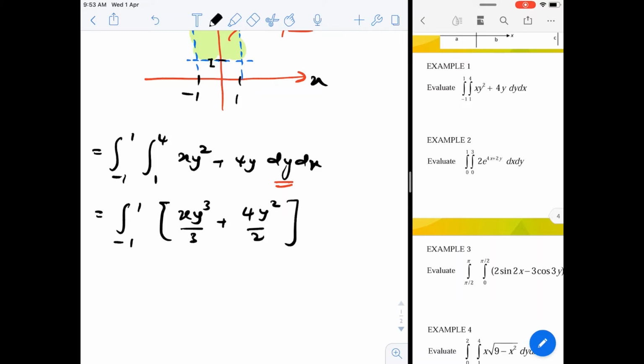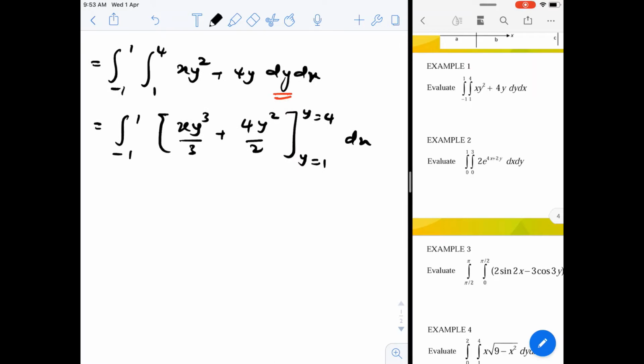Okay, close this. So we substitute the limit. Here we have y equals to 1 and then y equals to 4, so dx. Okay, so let us substitute each variable y with the limit. Therefore, we have negative 1 until 1. Substitute y equals to 4 first.